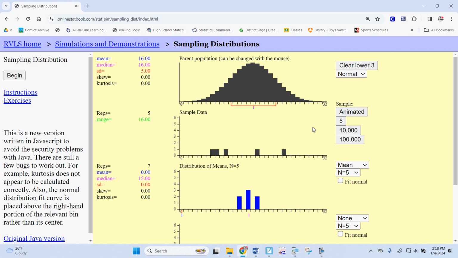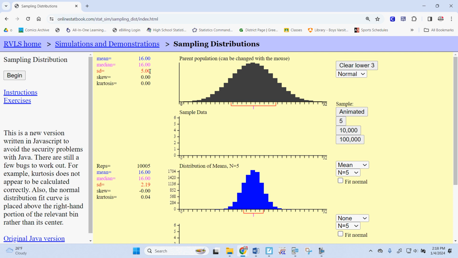Now, instead of doing that one at a time, if I clear these and just click 5, it did it 5 times. If I click 10,000, it just did 10,000. Now you will notice the mean, the center, the peak of this is still 16.